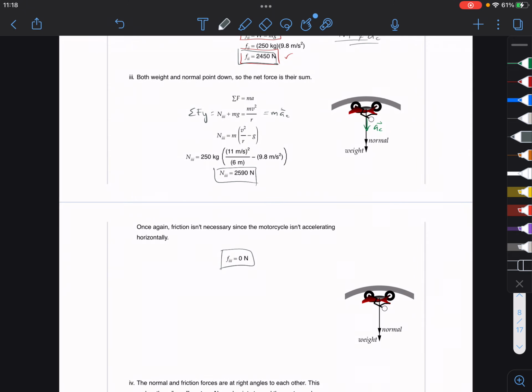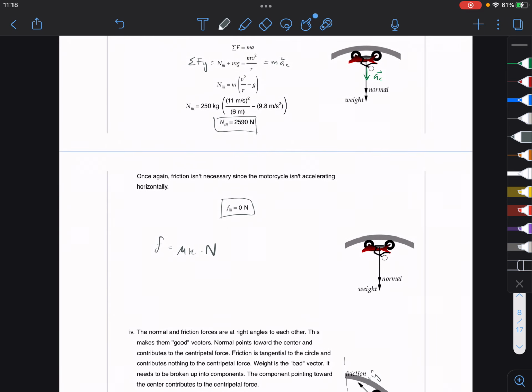So we know that the frictional force is equal to mu sub k times the normal force. So in order to find the static friction coefficient, it would be the frictional force that you found divided by N, which would be equal to the minimum mu sub s, okay?